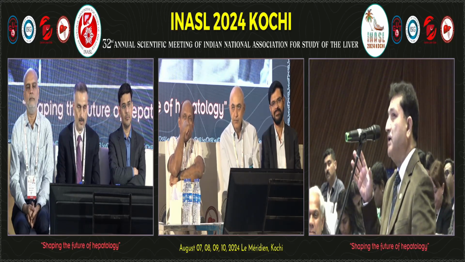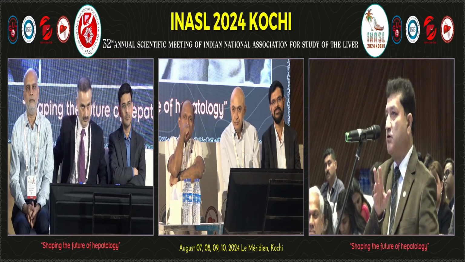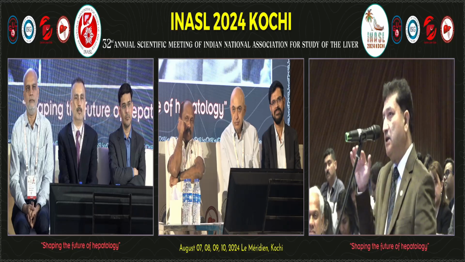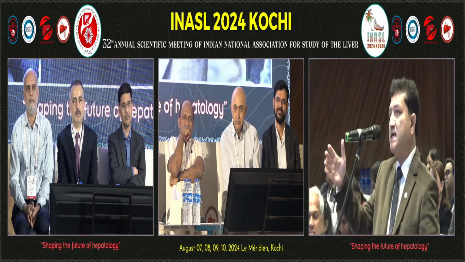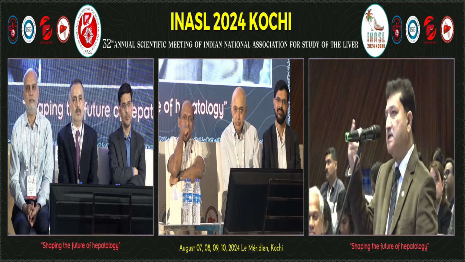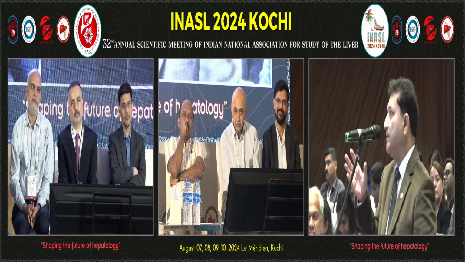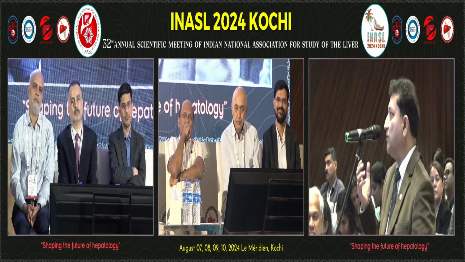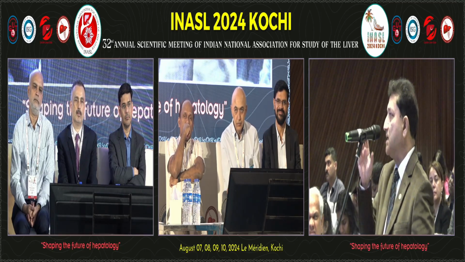The only simple thing being done is looking at anthropometry of these children in schools. Then we see how many are overweight and obese, and they go to a second step of screening for fatty liver, and the parents are counseled. It's just a beginning, but since we are ending day one on preventive and predictive hepatology, these are some of the areas INASL is planning.